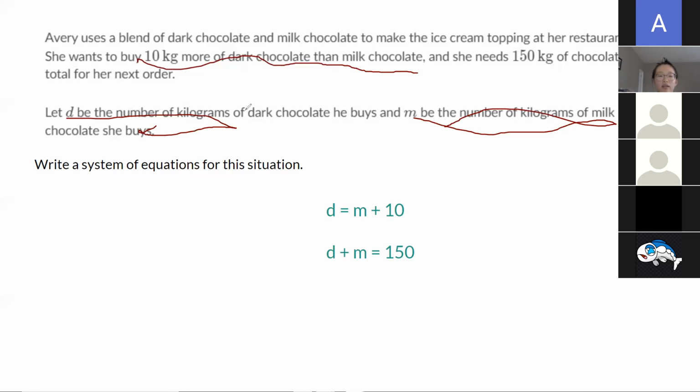And she needs 150 kilograms of chocolate in total for her next order. So if D is the number of kilograms of dark chocolate and M is the number of kilograms of milk chocolate, you would add the D and the M to get 150.